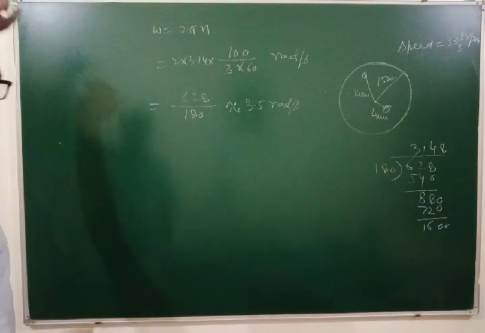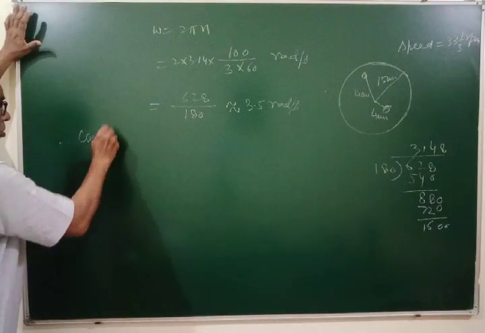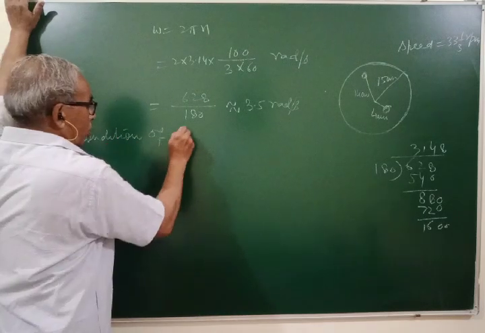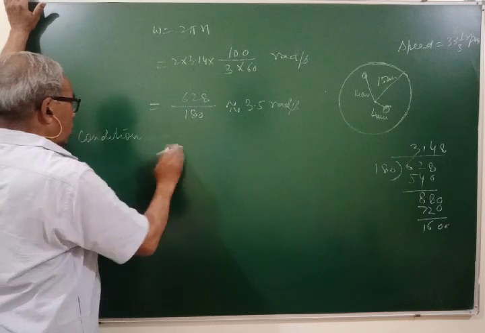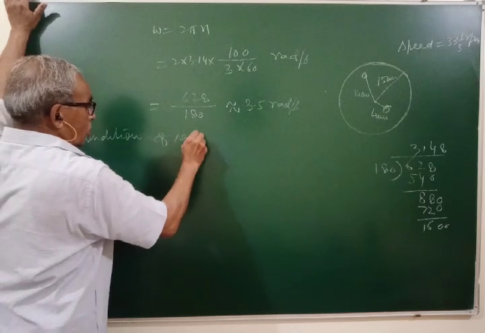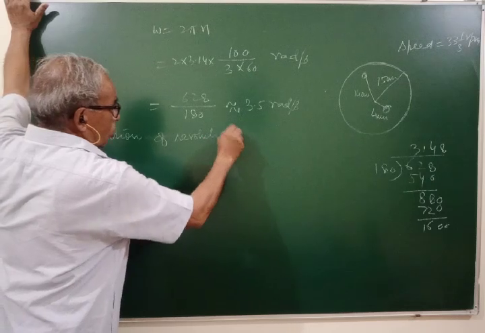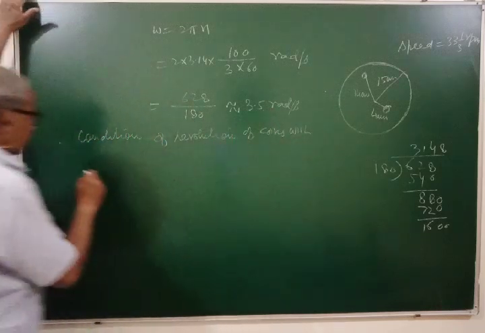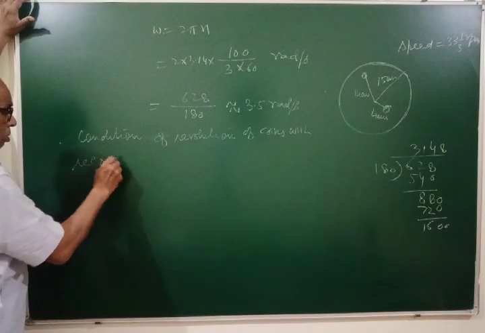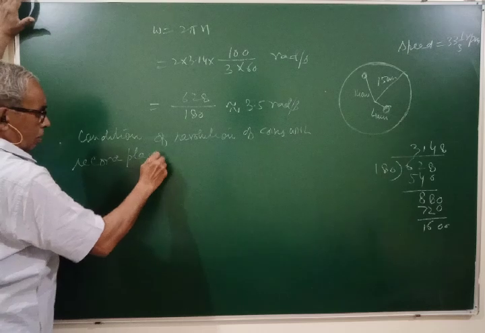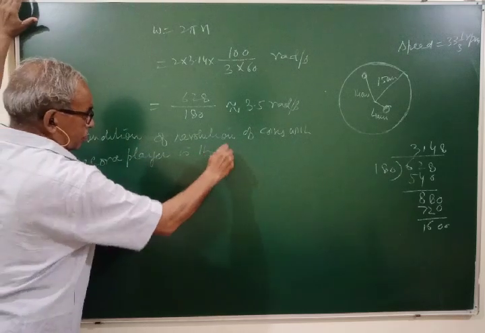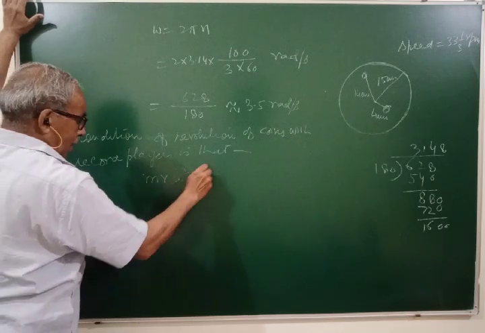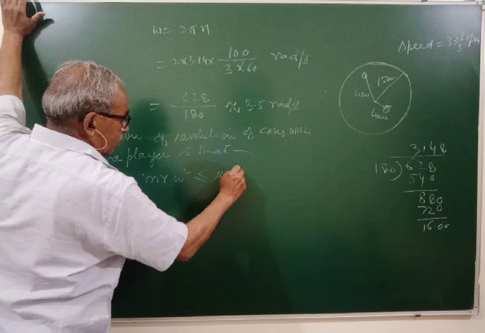So omega is this. The condition of revolution of a coin with the record player is that m r omega square is less than or equal to mu mg.